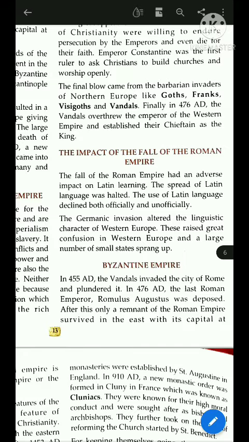This raised great confusion in Western Europe, and a large number of small states sprang up. Sprang up means came into existence.